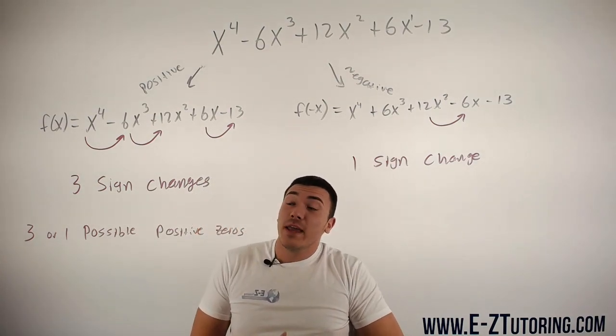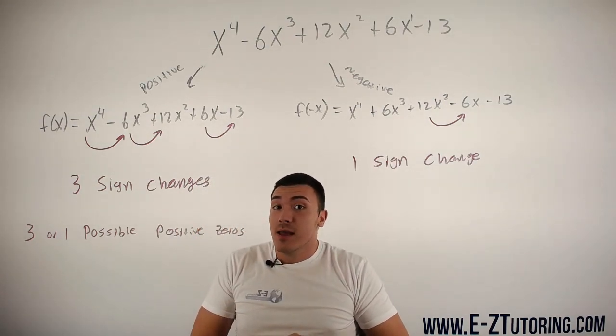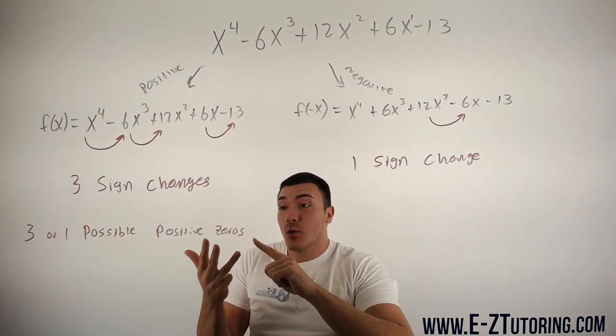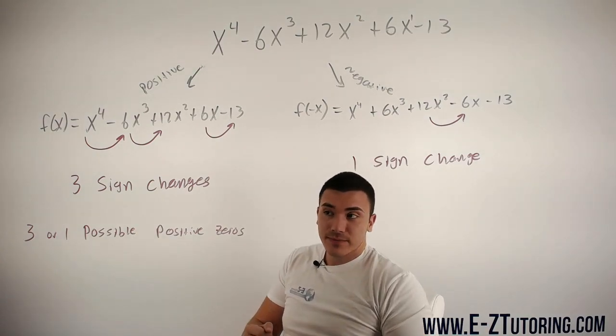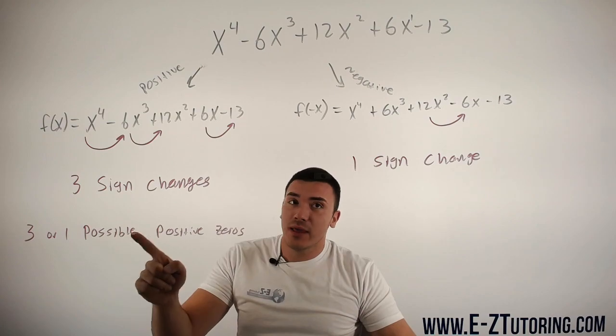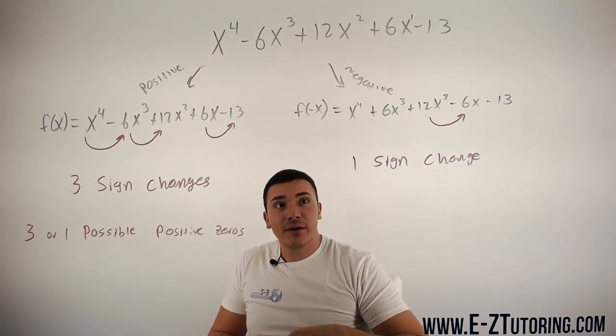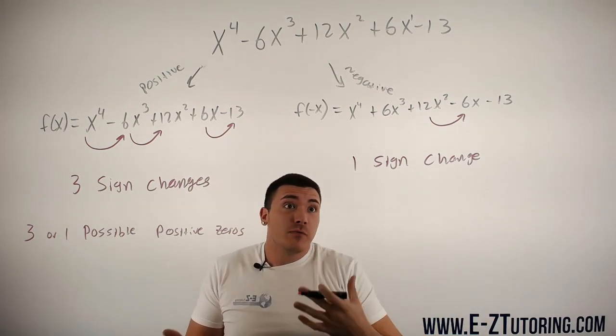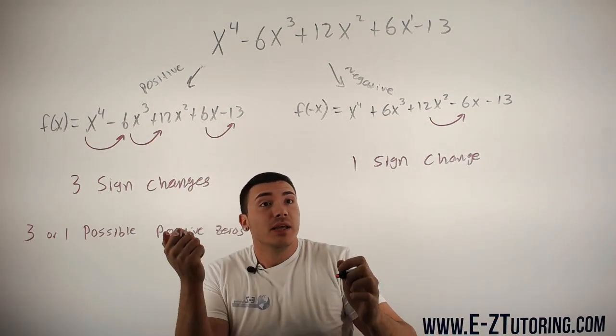So for example, if we had 7 sign changes, we could have 7 or 5 or 3 or 1 possible zeros. So you have to continuously subtract 2, and in this case we get 3 or 1. Now over here, 1, we can't subtract 2 from that. That's as low as it can get before we get into the negative numbers.